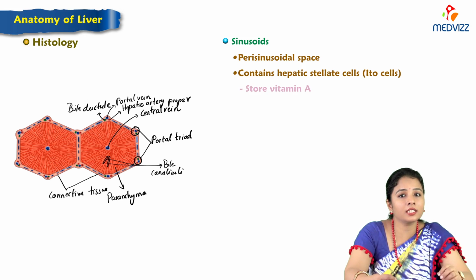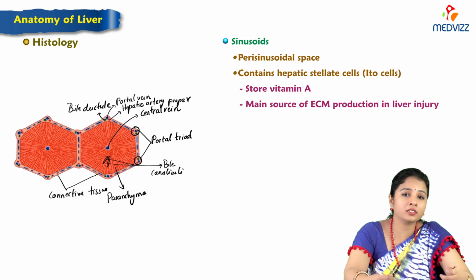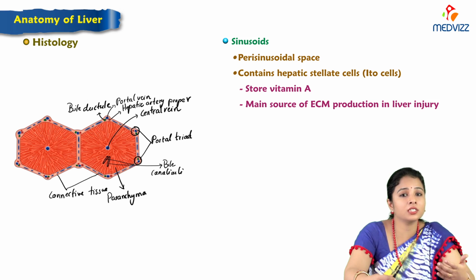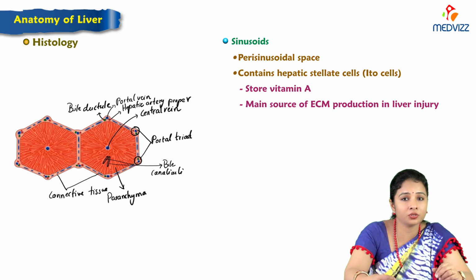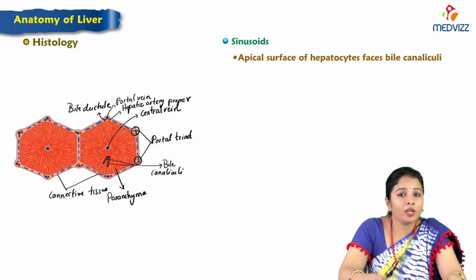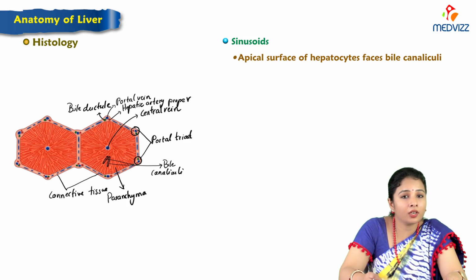Hepatic stellate cells store vitamin A and are the main source of extracellular matrix, which is produced during liver injury. So that is the formation of scar tissue due to fibrosis. The apical surface of hepatocytes faces bile canaliculi.